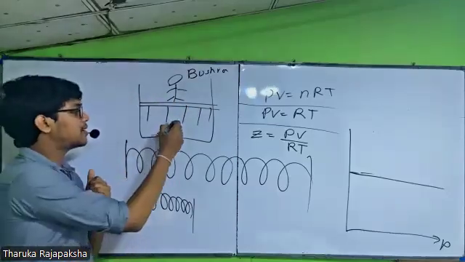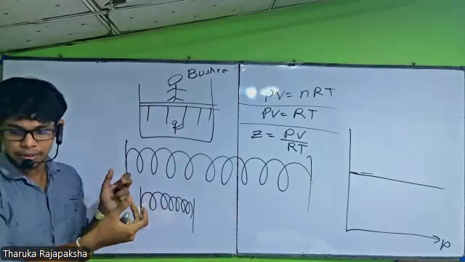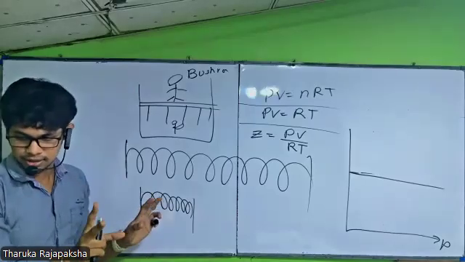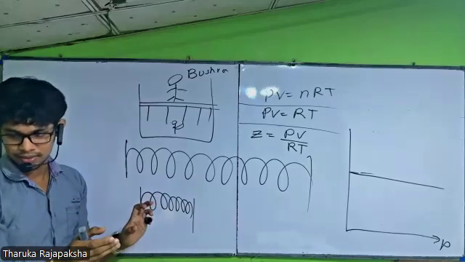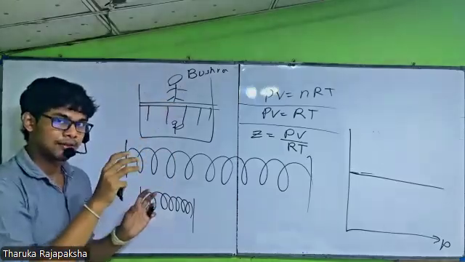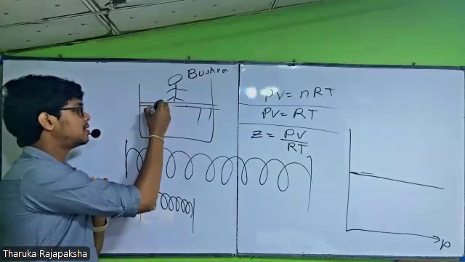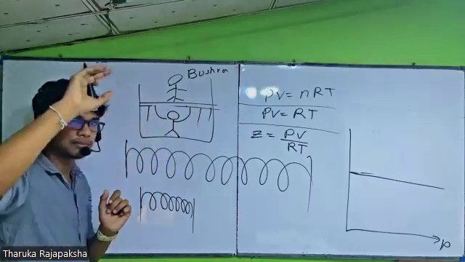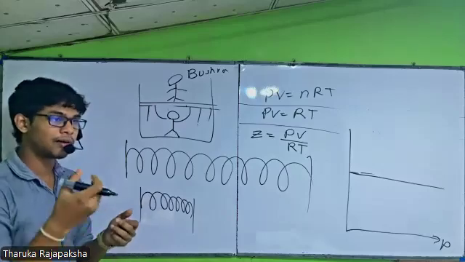If somebody from inside is pulling this down, tell me, is it easy to compress or not? Easy. You can compress this way more easily. If someone is pushing on this, pushing away, that is overall repulsions.